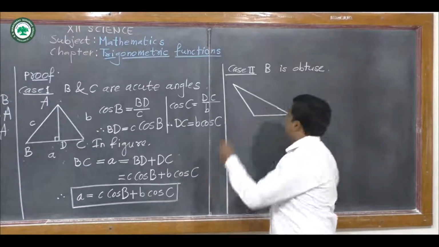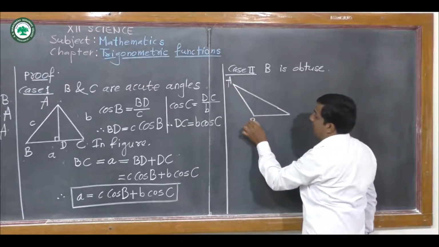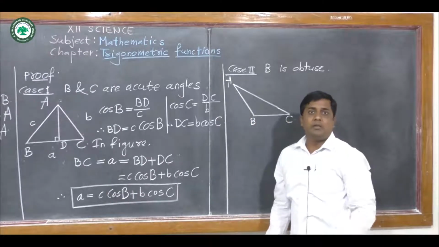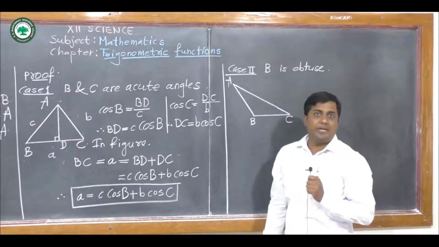So this is our triangle ABC. Here B is an obtuse angle, having a measure of more than 90 degrees.